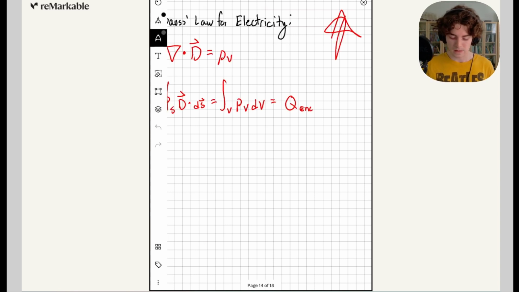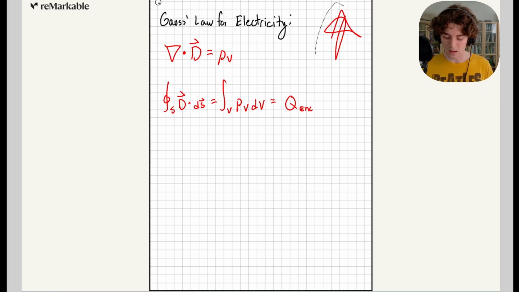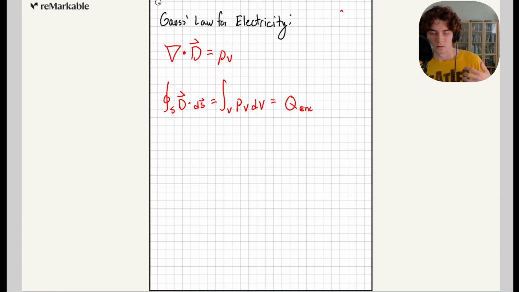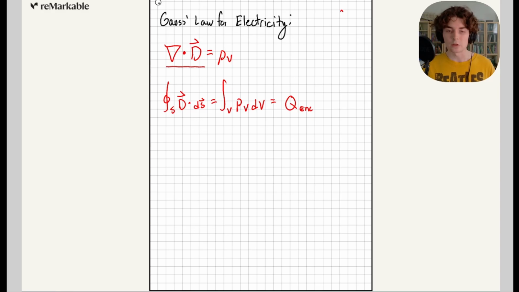And now we have Gauss's law for electricity. This is the first of Gauss's laws. Now, what Gauss's law for electricity tells us is about the divergence here of D. D in this case is our electric flux density.